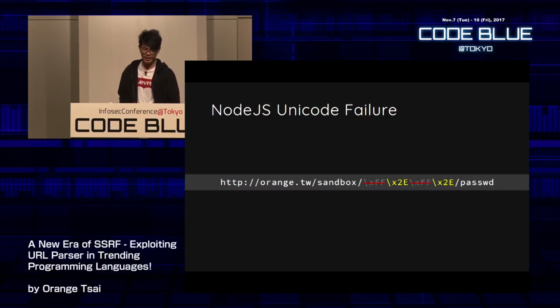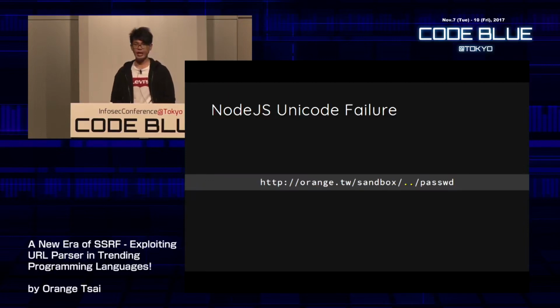And the tricky thing is the buffer string in the HTTP module will fold the byte, and the FF will be stripped. And the remaining part is 2E, the ASCII of dot. The server will identify the ../ as the parent directory.